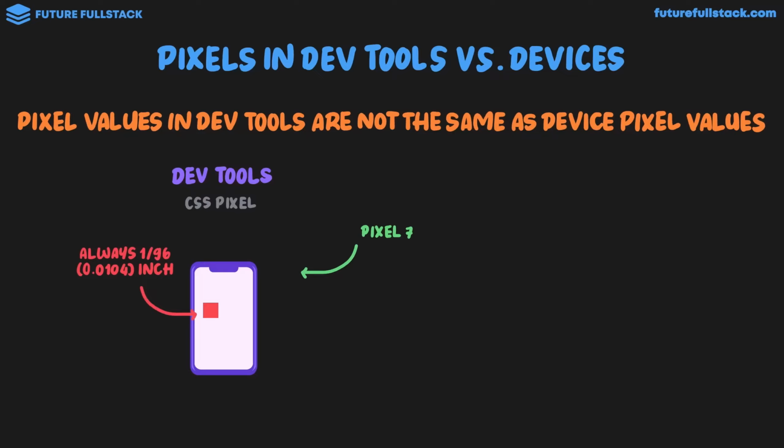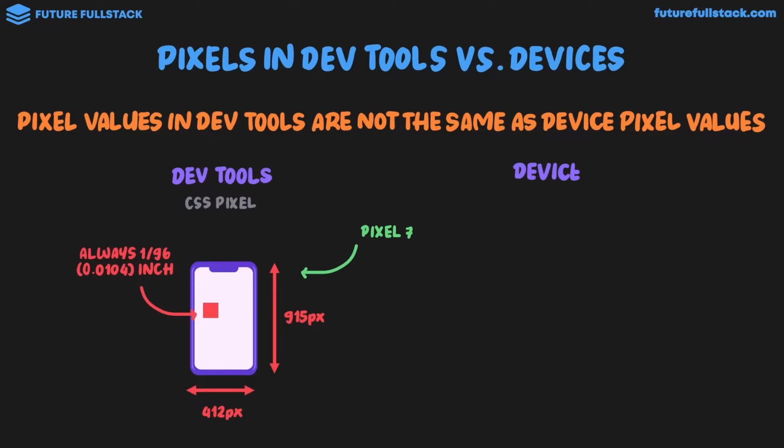Based on this fixed pixel length, the width of the phone would then be 412 pixels, and the height would be 915 pixels. In the background, the browser knows the actual physical dimensions of the phone, so it can work backwards to know how many CSS pixels this would be in width and height.